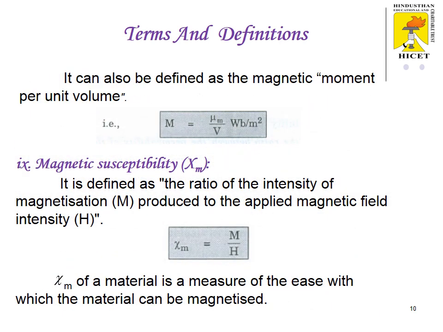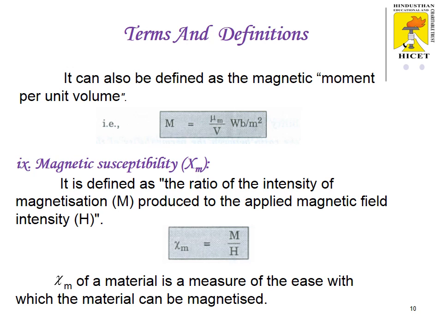The ninth definition is magnetic susceptibility. It is indicated by the symbol chi. It is defined as the ratio of intensity of magnetization produced to the applied magnetic field strength.